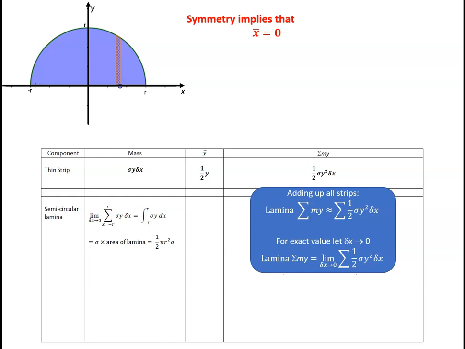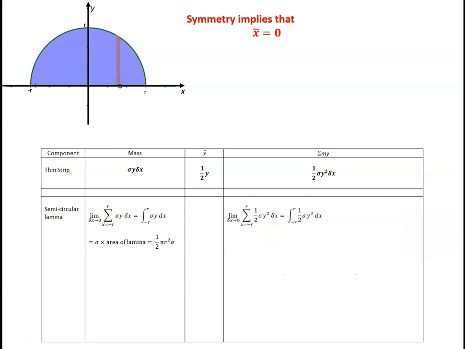So for the whole lamina, the sum of the my's is going to be the limit as delta x tends to 0 of the sum of the half sigma y squared delta x terms, which simply gives the integral between minus r and r of a half sigma y squared with respect to x.